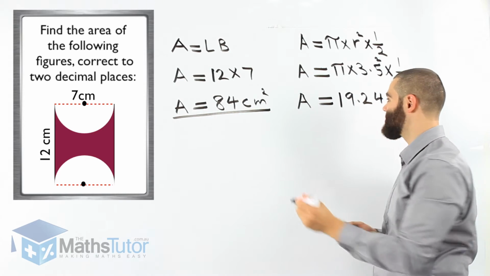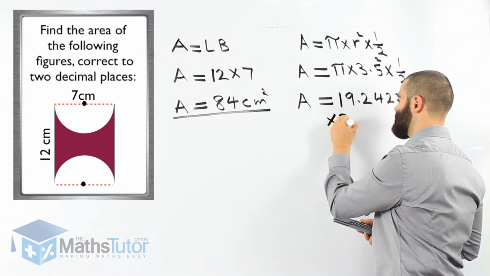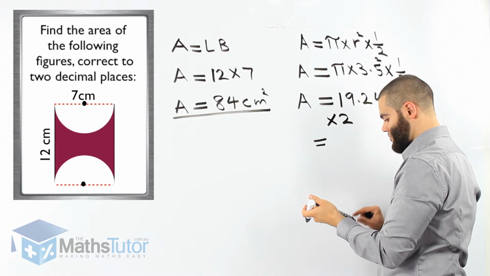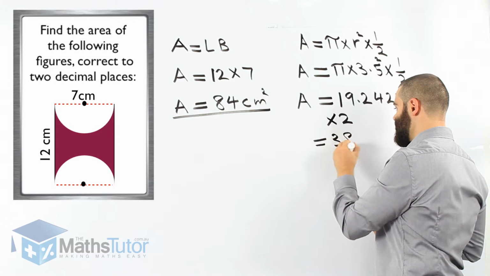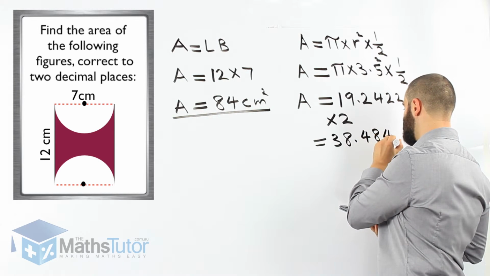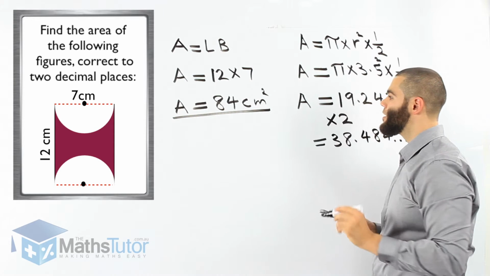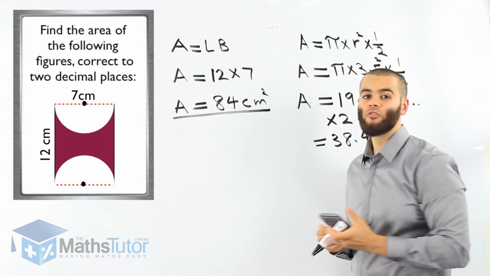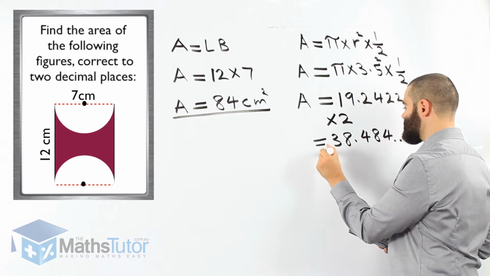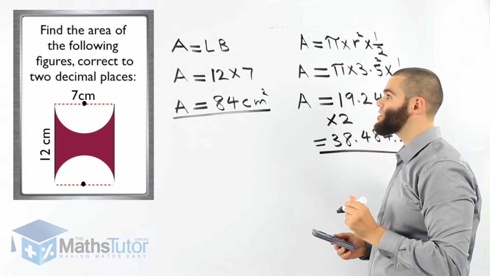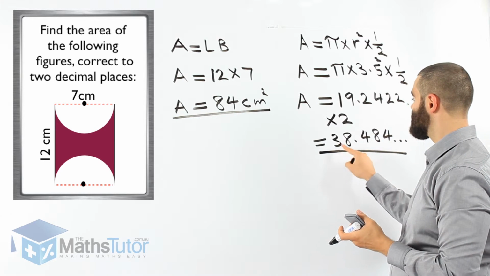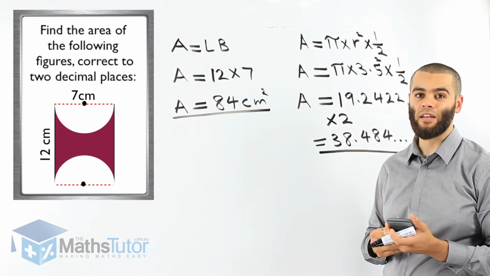Because there are two semicircles. 38.484, and it continues. Now we have the area of the rectangle, and we're going to take away the area of the two semicircles, the semicircle on top and the semicircle on the bottom, which together make 38.48.